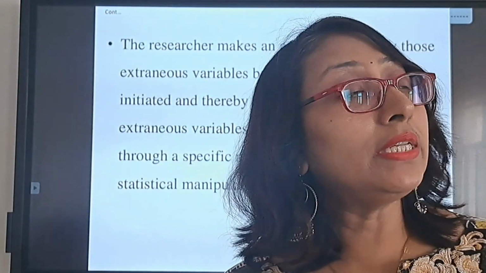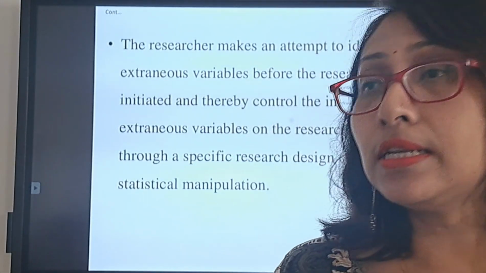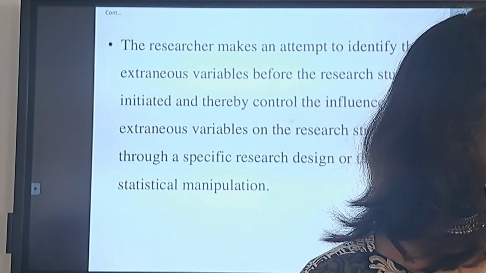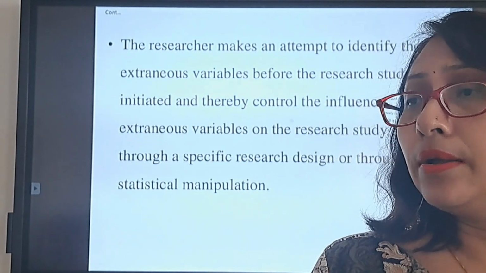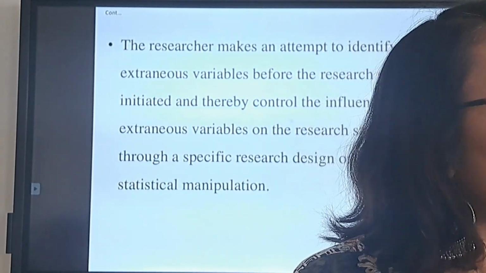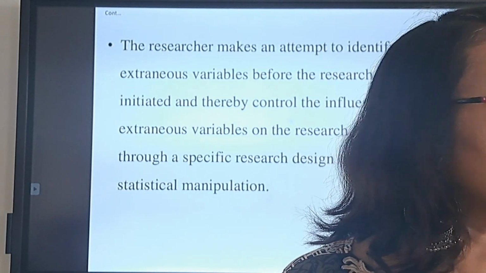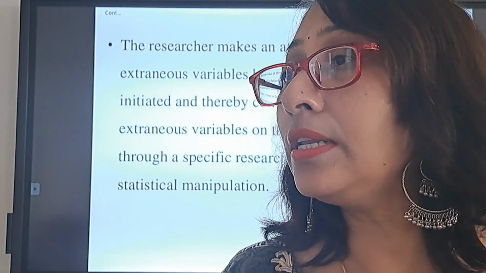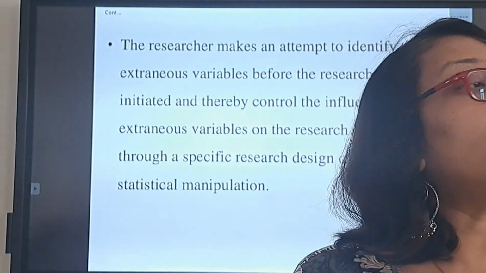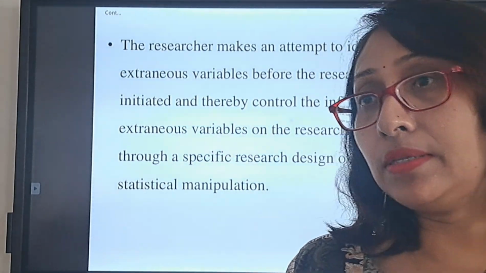But when you do these studies in the community setup, maybe in the schools, in the colleges, or in the hospitals, or in the different old age homes, wherever you do the study, can you control those variables? You can't create any artificial environment. You have to do the study in a natural environment, is it not?